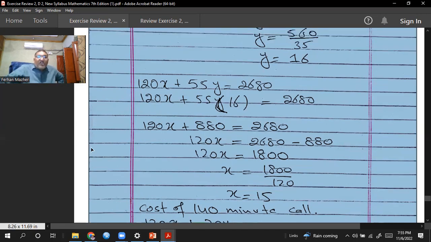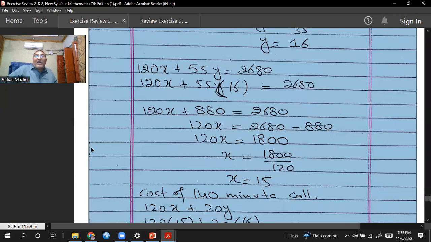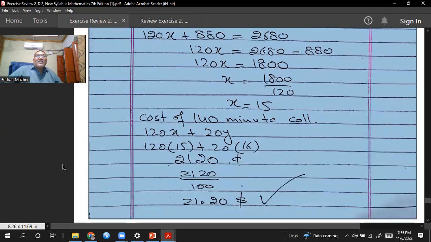So now I know the value of X and Y. The first 120 minutes are charged at 15 cents per minute, and the additional minutes are charged at 16 cents per minute. Their question was, what will be the cost of a call which lasts for 140 minutes? So the cost of the 140-minute call will be 120X plus 20Y.